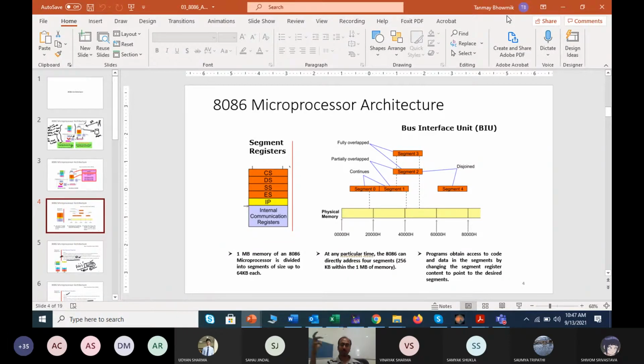So simply you will divide this whole 1 megabyte by 64 kilobyte. Then you will take 4 times 64 kilobyte at a time. So how many segments are they using? Now that thing will be mentioned, whether they are overlapping or non-overlapping, and parallel. Based on this, you can calculate your answer.